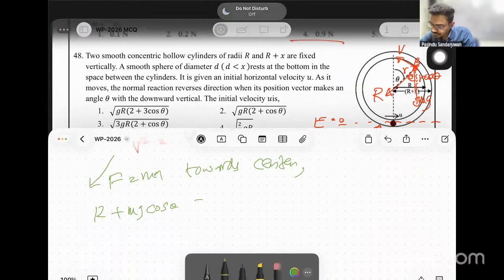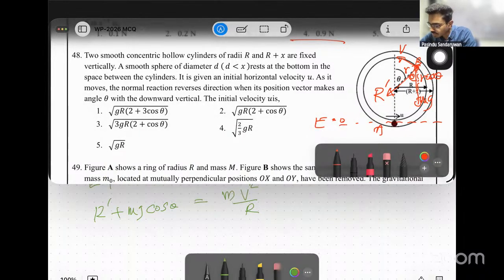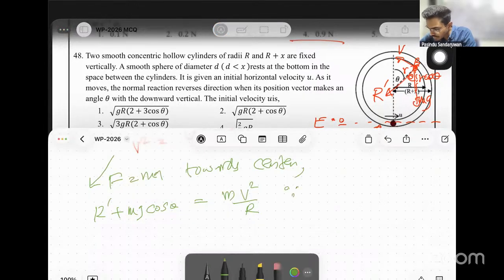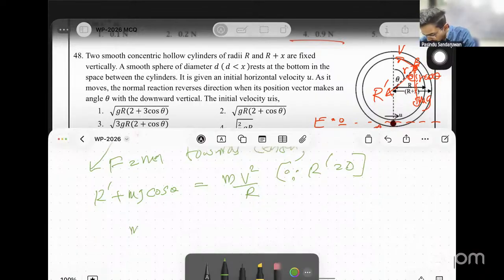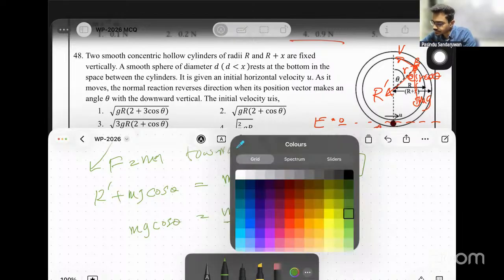Mg cos theta equals m v squared over r. So this is R dash, the reaction. We know when it alters, R dash becomes 0. Then it is mg cos theta equals m v squared over r.